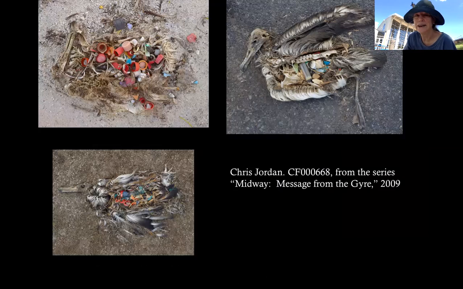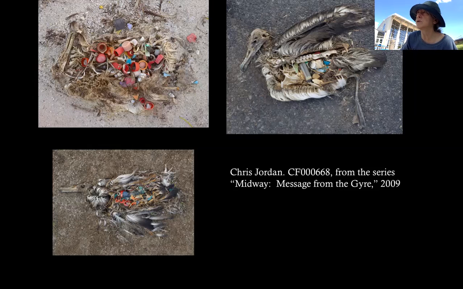That's good. All right. So this is a sad story that Chris Jordan, a photographer and videographer, is telling here. It's about an island in the Pacific called Midway, which you may have heard of because it was the site of an important naval battle in World War II. But on this island now, there are mainly birds.